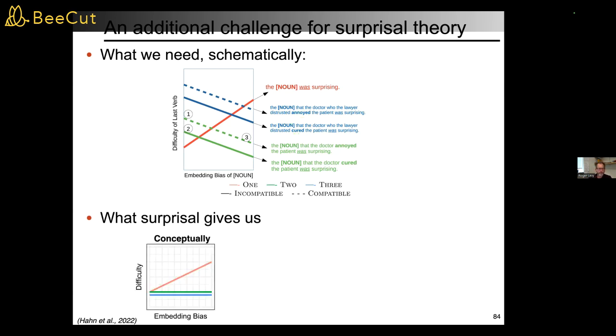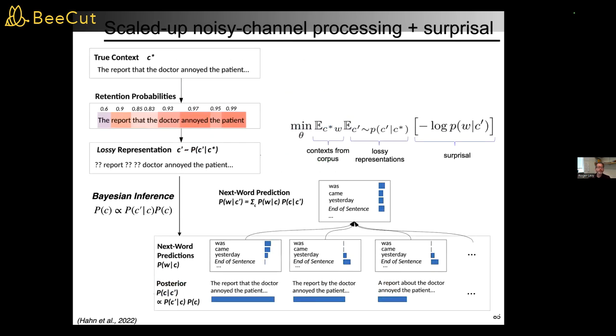Okay. It turns out that surprisal on its own conceptually gives us a very different picture, where these green and blue lines are flat. And in fact, that is what you see in large language models, even going back to GPT-2. You don't really see the right pattern. This is a case where LLMs, even GPT-2, and even more so the more recent LLMs, are behaving in a way that's superhuman in a theoretically interesting sense.